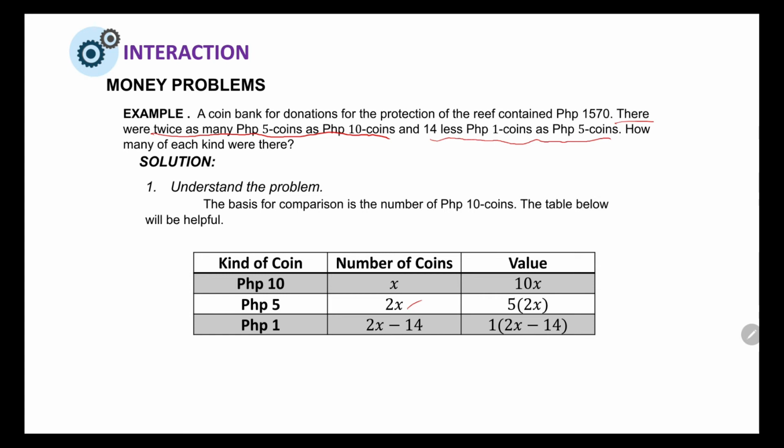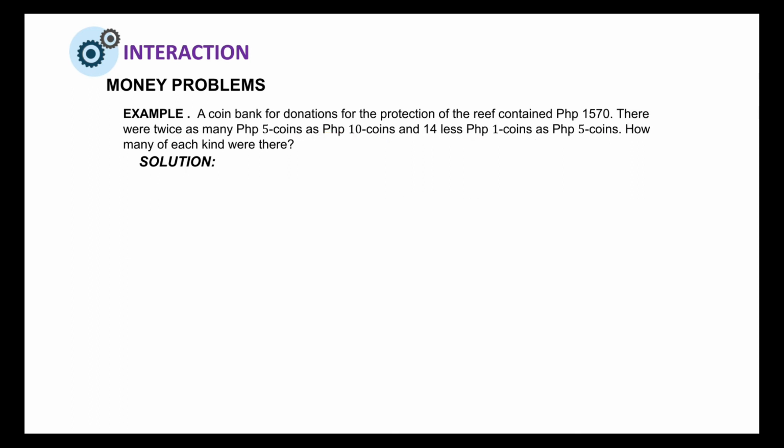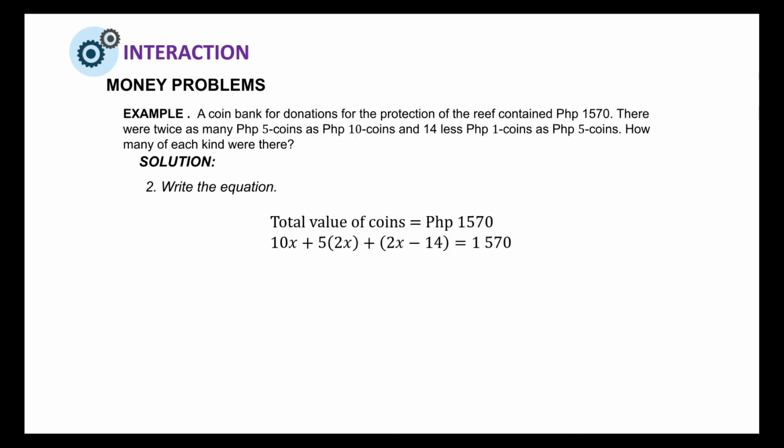To get the value, we multiply the amount of that coin with the number of coins. So for the value of 10 peso coins, we have 10 times x. For 5 peso coins, that's 5 times 2x. And for 1 peso coins, that's 1 times 2x minus 14. So, what should be our equation?